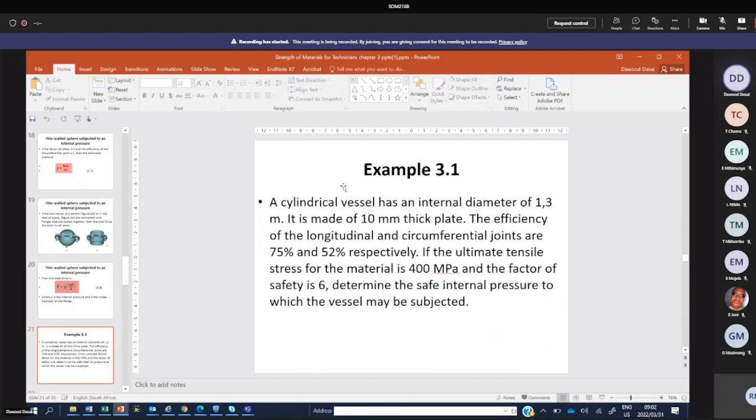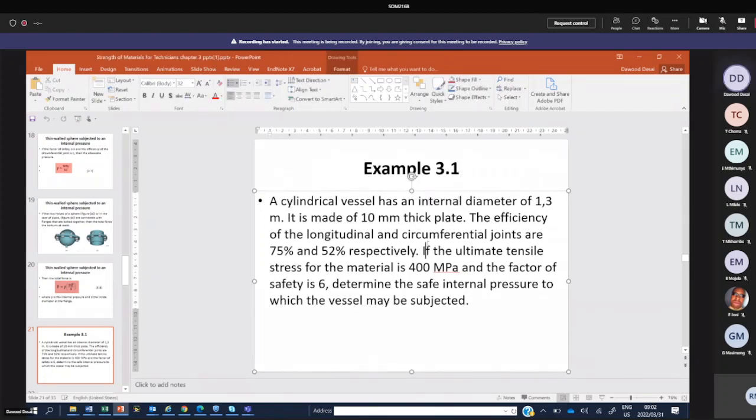There's an example here. A cylindrical vessel has an internal diameter of 1.3 meters. Read carefully, the small d now, that's what we want in the formula. 10 millimeter thick plate. Efficiency of longitudinal and circumferential is 75 and 25 respectively. Respectively means the first value is for the first thing.